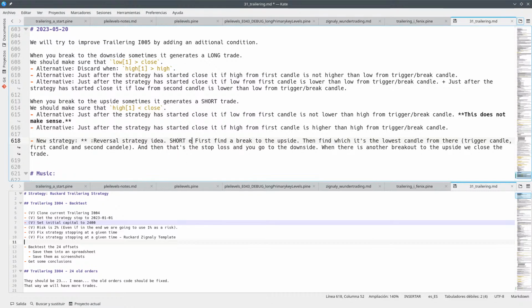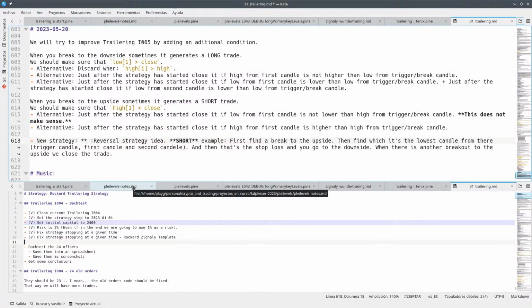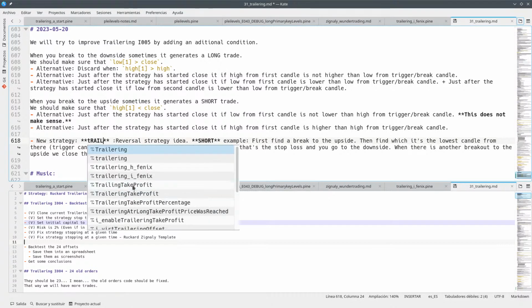So this is a short example, okay, and when there's another breakout to the upside, we close the trade. So the new strategy, let's see how we do this. So it's trailering.